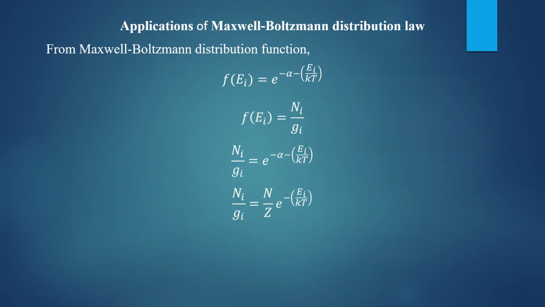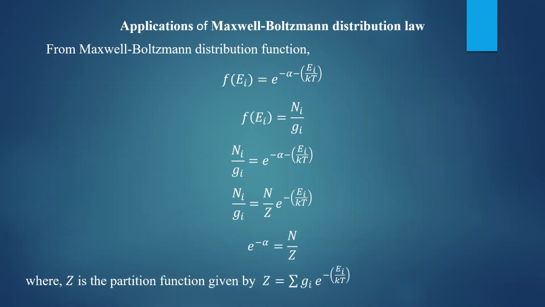If you compare these two equations, you will get e to the power minus alpha is equal to N by Z, where Z is called the partition function.